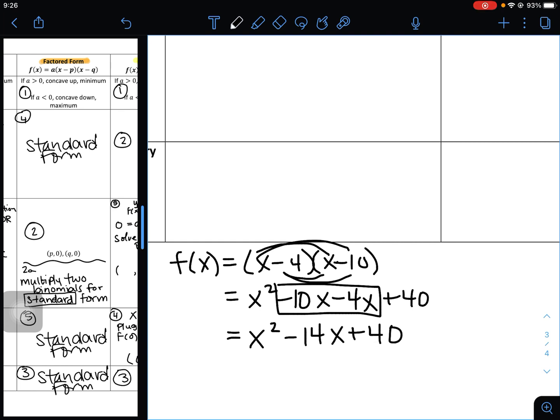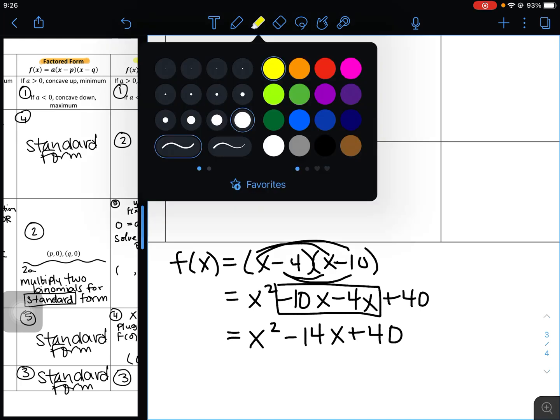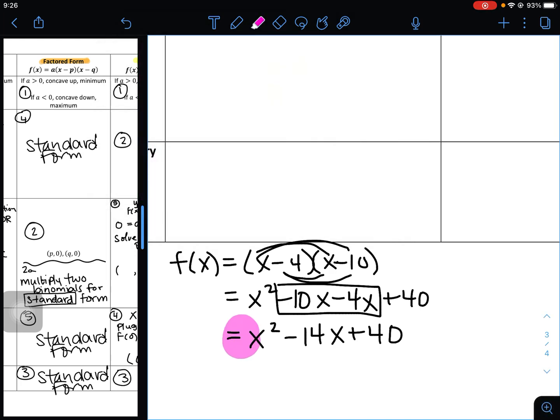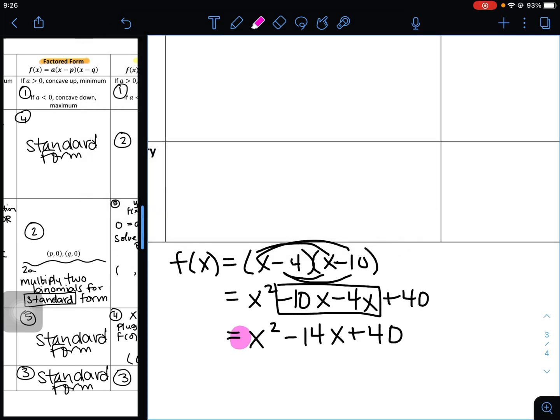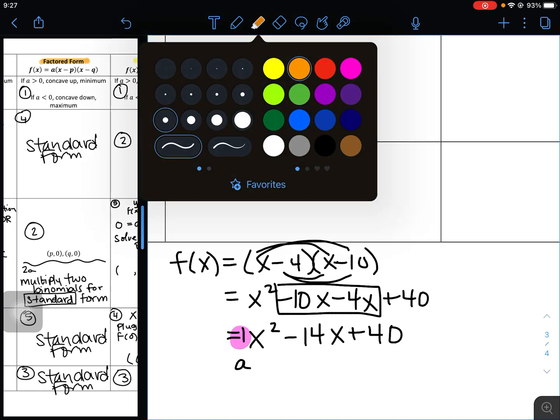That's our standard form. So let's go back to the idea of our a's, b's, and c's for standard form. In this case, a is equal to 1. That's our a value. B is negative 14.